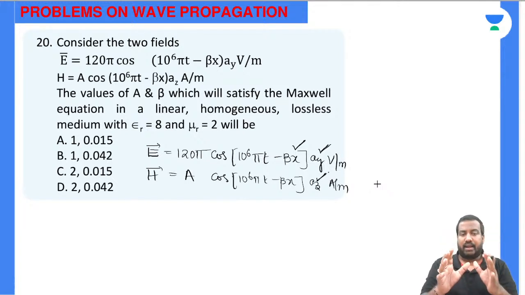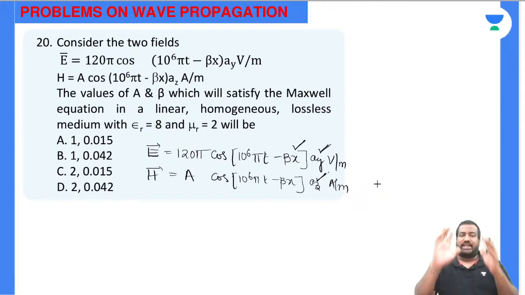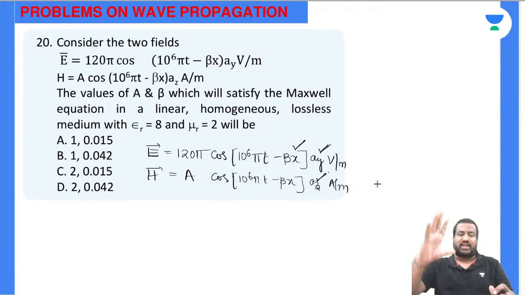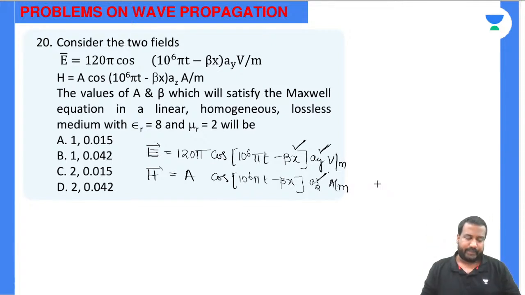Just by seeing the equation, I know the wave is propagating in x direction with electric field along y and magnetic field along z. Such imagination you should get. That's why the first 2 or 3 hours of our wave propagation series were on this concept. If you see this just as an equation, wave propagation will be very difficult for you. But the moment you can imagine the wave, wave propagation is very simple.